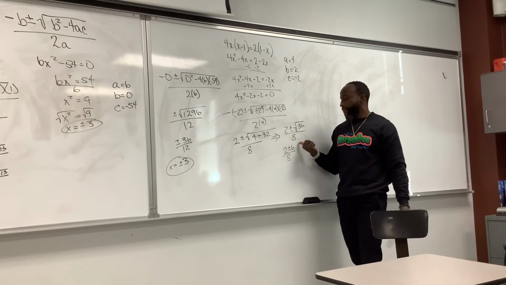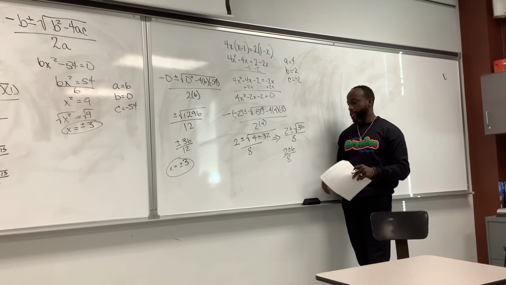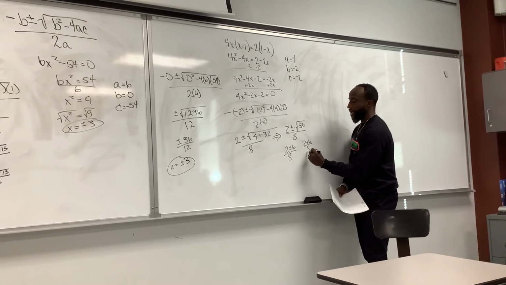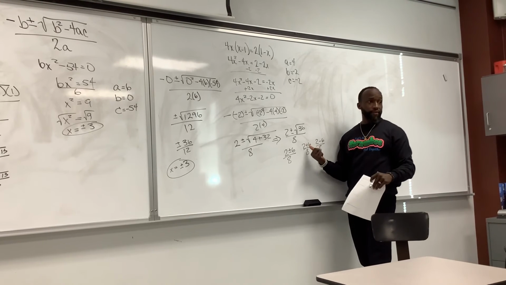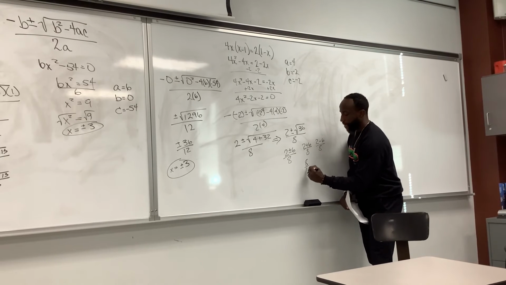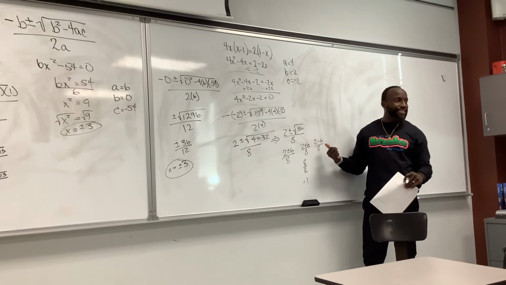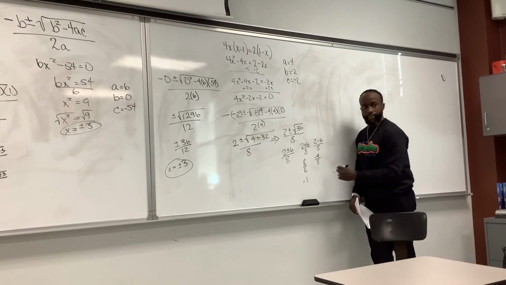Now, because we got a perfect square here, we can simplify this more. Let's go ahead and finish it out. This means 2 plus 6 over 8 and 2 minus 6 over 8. 2 plus 6 over 8 is 8 over 8, which equals 1. 2 minus 6 over 8 is negative 4 over 8.